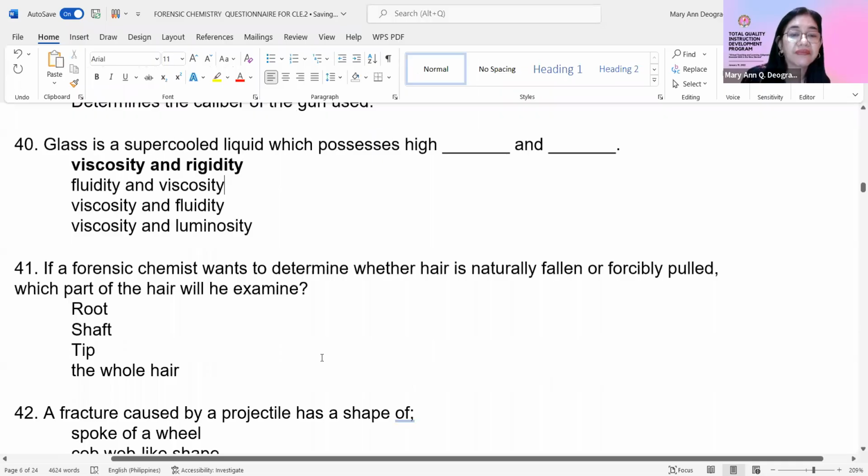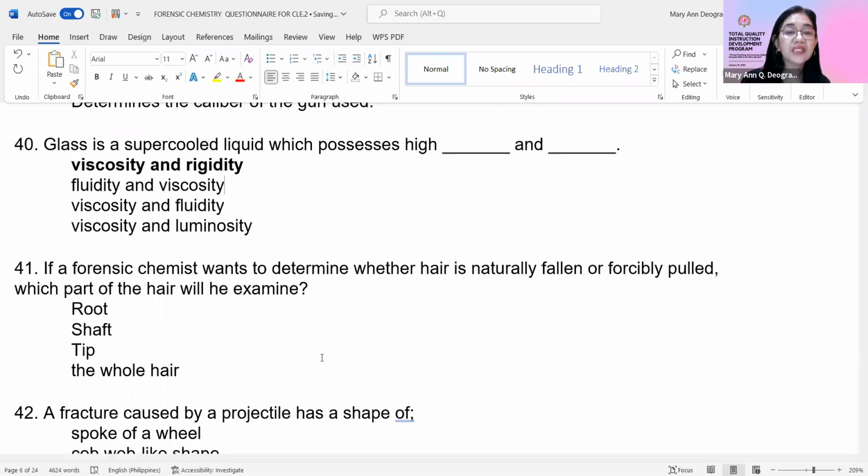Or it's a tough. Alright, if a forensic chemist wants to determine whether hair is naturally fallen or forcibly pulled, which part of the hair will he examine? Is it the root, the shaft, the tip, or the whole hair? Okay, root. Yes, it's the root.